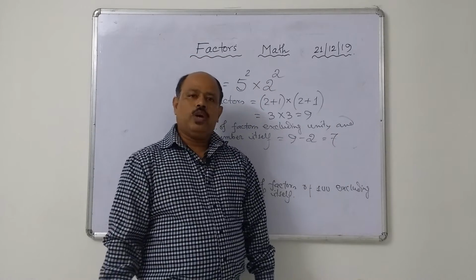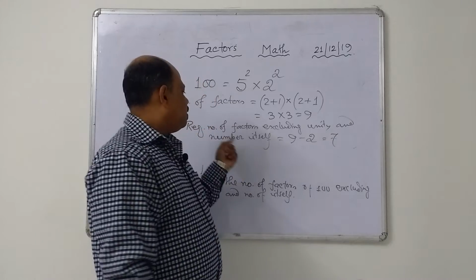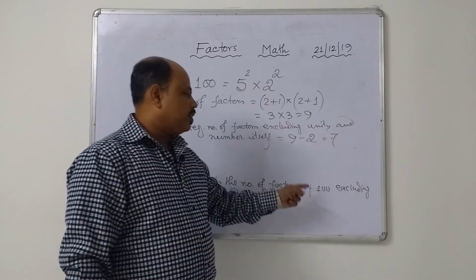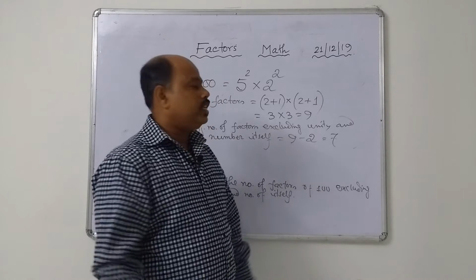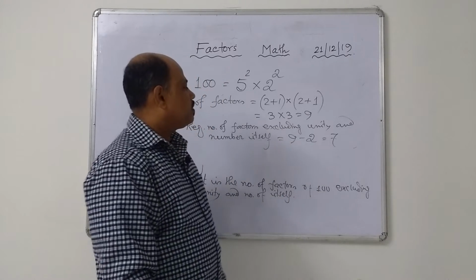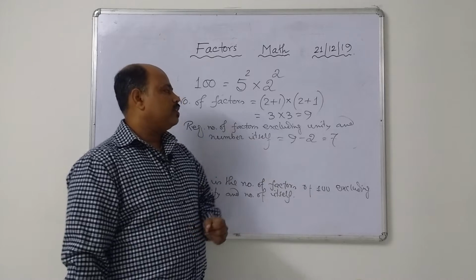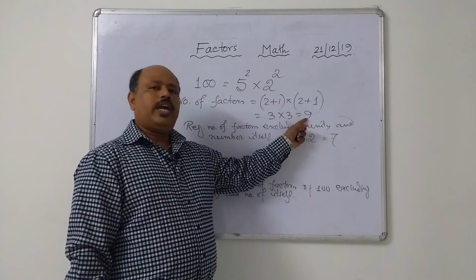If your question was the number of factors of 100 excluding unity only, that means you have to subtract only one factor from 9 factors.